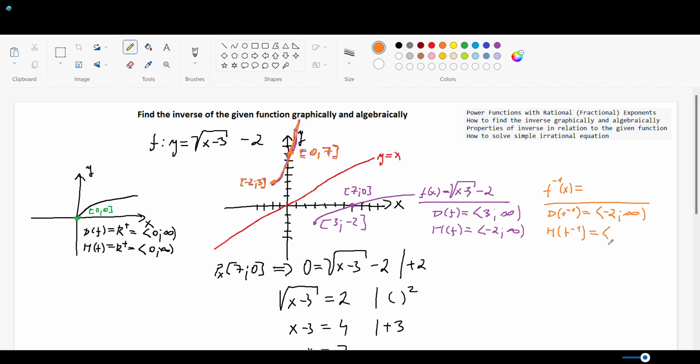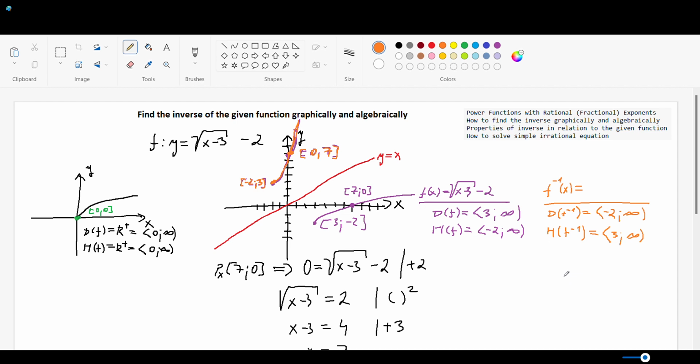So this is quite an important fact to remember, that the domain and the range of the original function swap, and they become the range and the domain of the inverse function. Basically, this is everything. We have done our job when we wanted to find the inverse of the given function graphically.